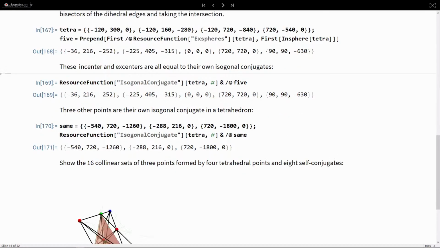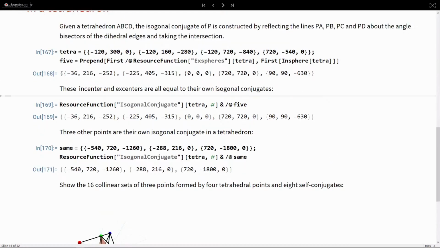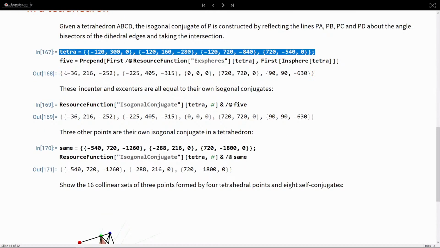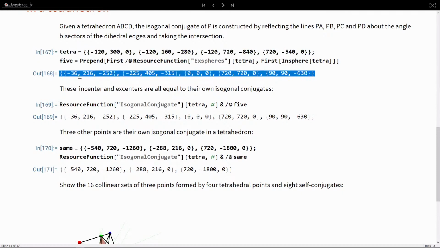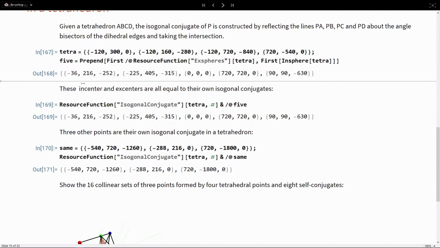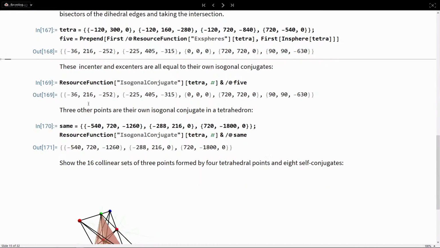And here we have a test. These are for this tetrahedron here, the 5 X centers and N center of the tetrahedron. And these 5 are all self-conjugate.